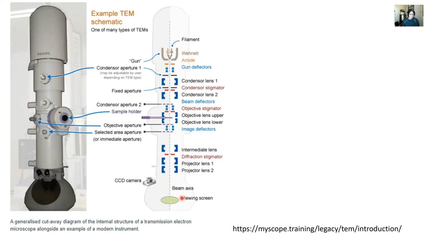This particular model shows a projector lens, which is interesting, and goes into the concept that you're really projecting the image of the microstructure onto this, usually a fluorescent or phosphorescent screen.